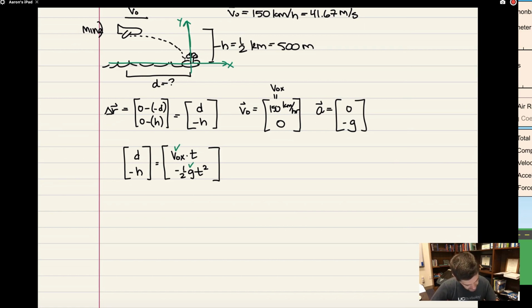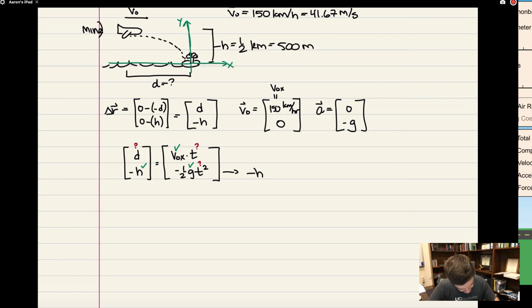We know v, we know g, we know h. We do not know d, we do not know t. But notice here, we can look at the bottom equation, and notice that the bottom equation only has one unknown. We only don't know t.